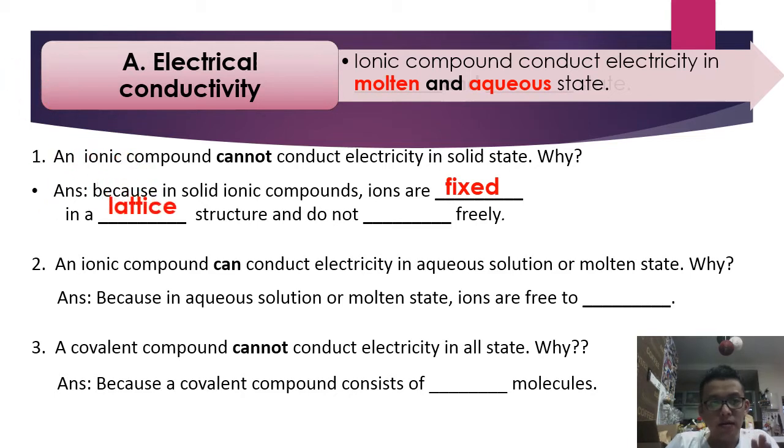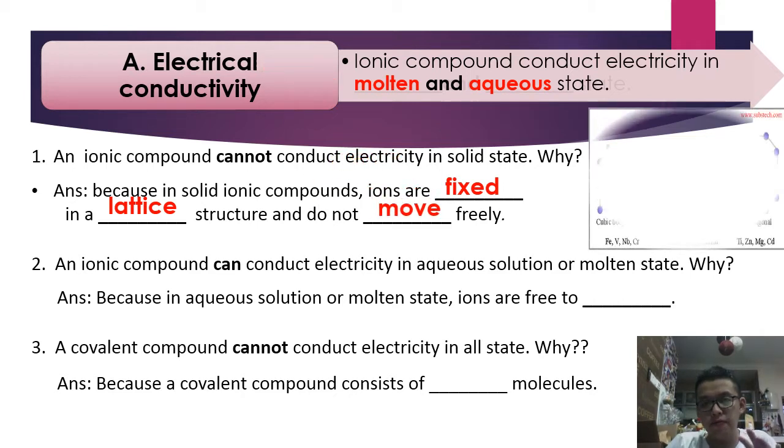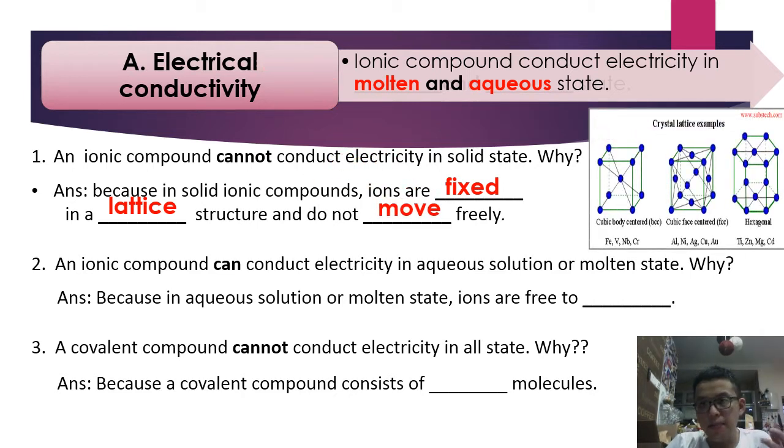The lattice means they have a fixed structure. It can be a cubic lattice or a hexagonal lattice, it depends. So when the ions are fixed in the structure, they do not move freely, so it cannot conduct electricity.